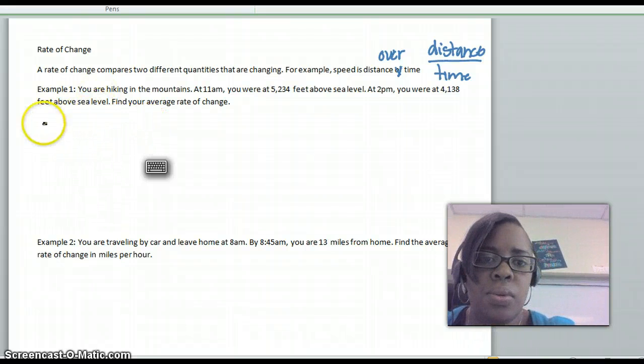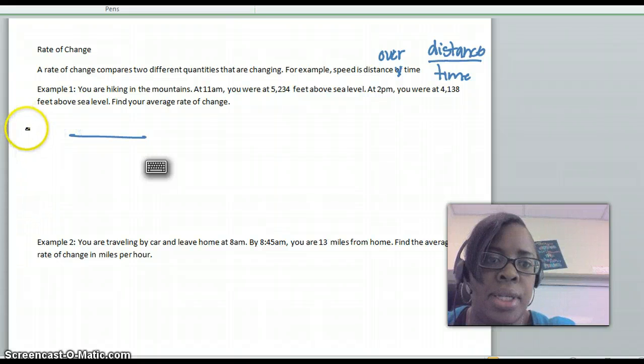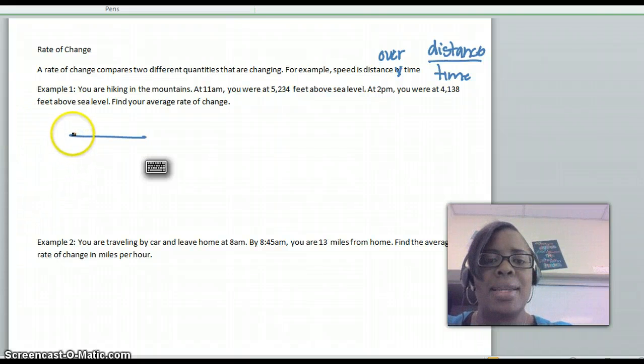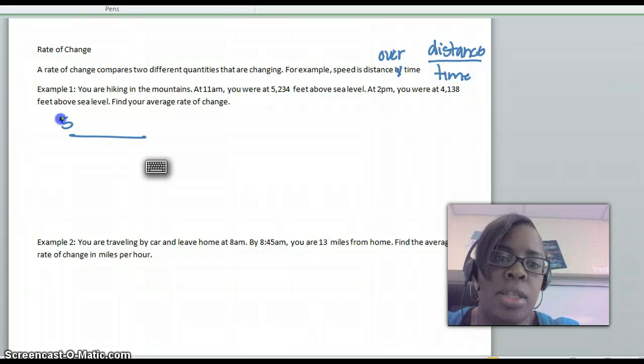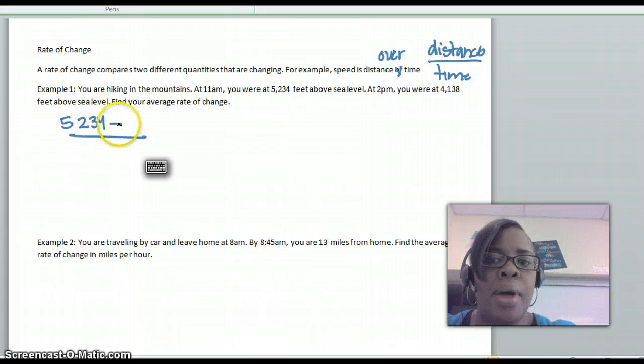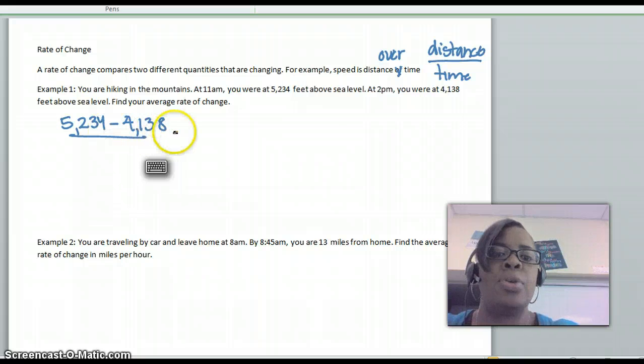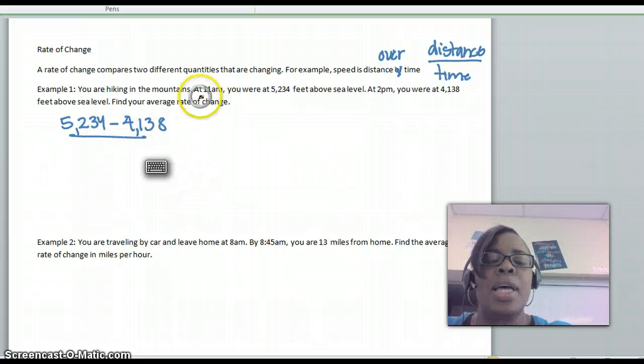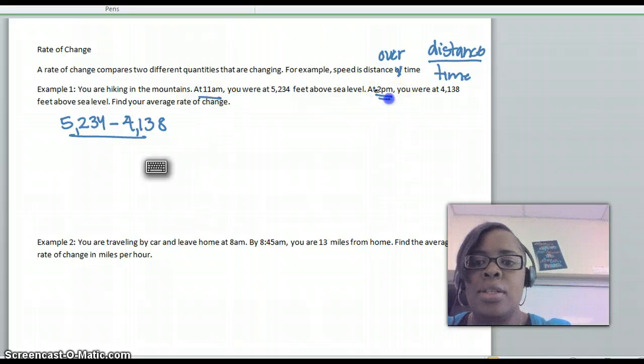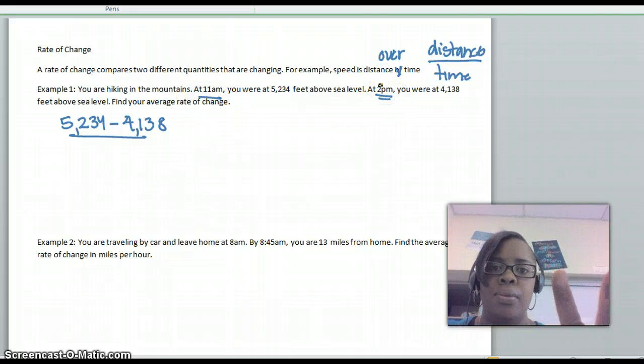So we know that it's going to be distance over time. So what's my distance? How far am I going? Well, if I started at 5,234 feet and I ended up at 4,138 feet, to find out how far I went, I'm just going to subtract those two quantities. And then the time that I started was 11 a.m. and I ended at 2 p.m. So 11, 12, 1, 2.